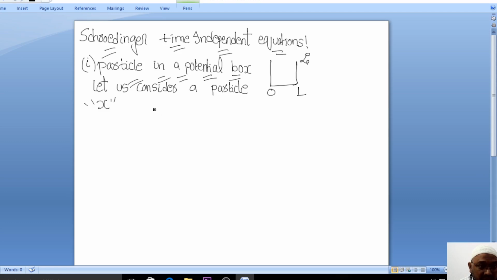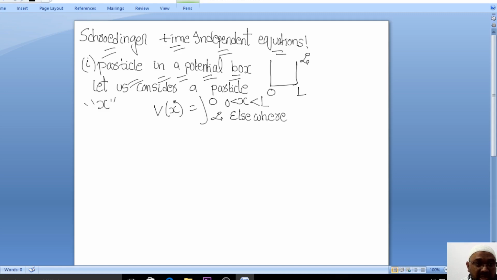Here we write that the potential of the particle V of x will be equal to 0 when the particle is lying between 0 and L. Apart from this, anywhere outside this limit, the potential of the particle will be infinity.